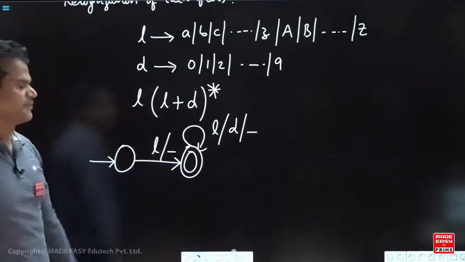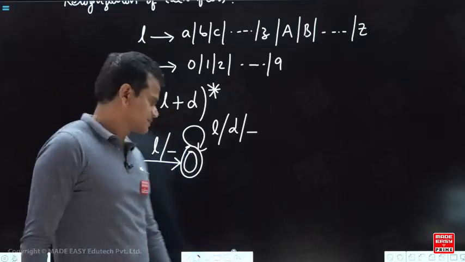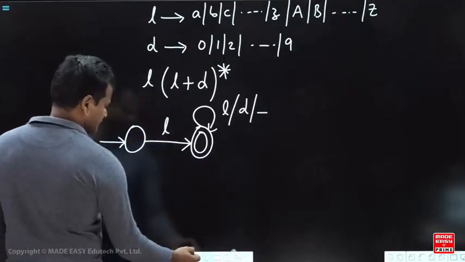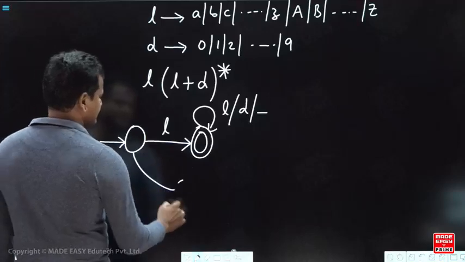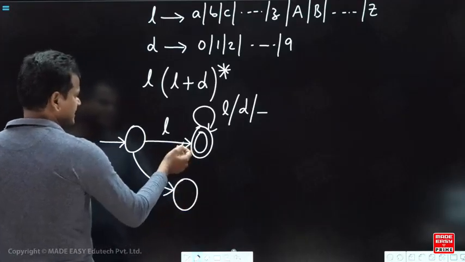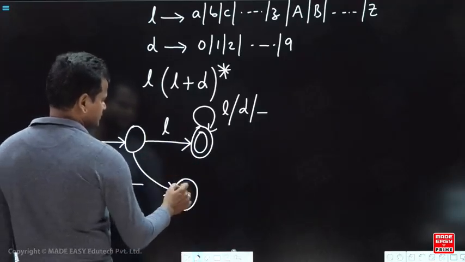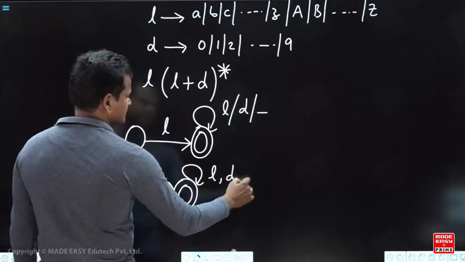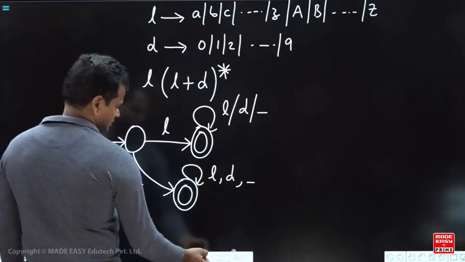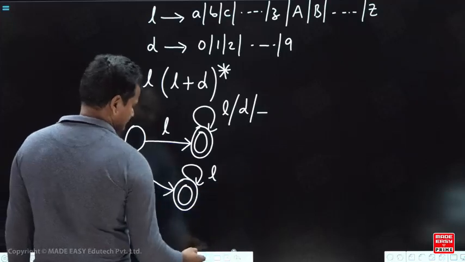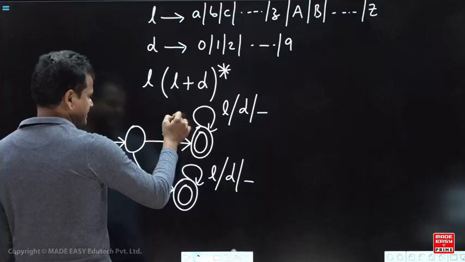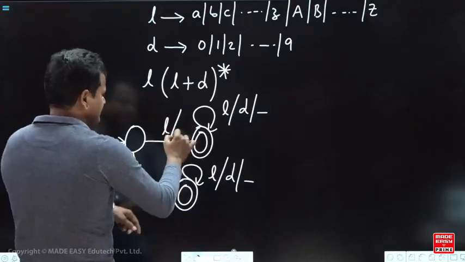So this is the regular expression. Okay, sorry, this is the finite automata. If the first symbol is a letter, or the first symbol can be underscore, then followed by the combination of letter or digit or underscore. Or you can copy like this also.